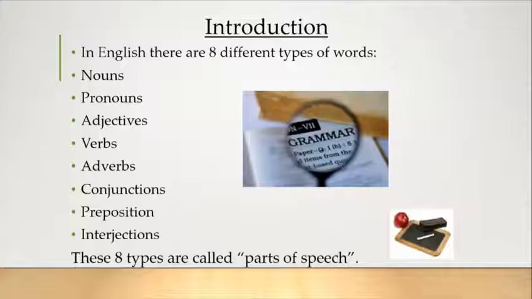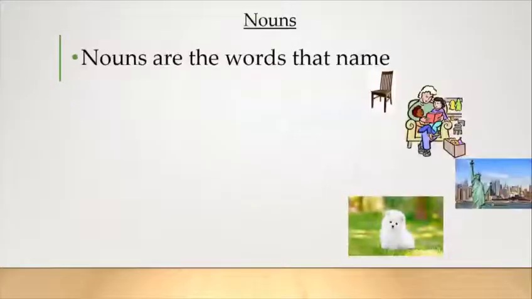In this lecture, we will learn about 4 parts of speech. First one is nouns. So what are the nouns? Nouns are the naming words. On the screen, you can see 4 different types of things. Picture number 1 is a chair. Second picture, you can see there are people and things as well. In the third picture, there is a Statue of Liberty. It also has a name.